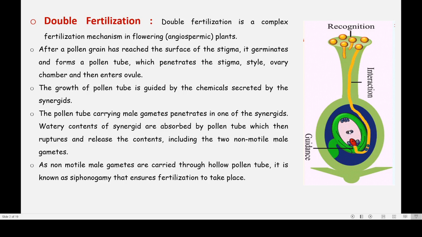And what we are going to get is the primary endosperm nucleus. As a result of the fusion of these, we get the primary endosperm nucleus, which is 3N.